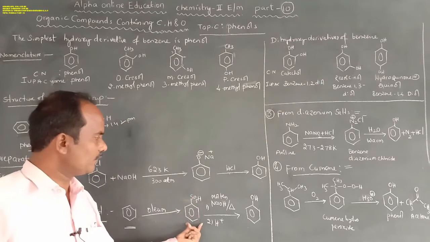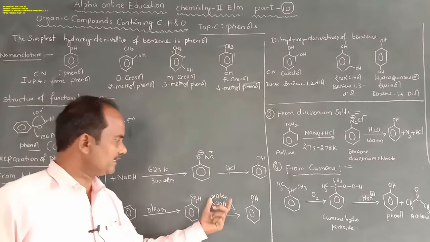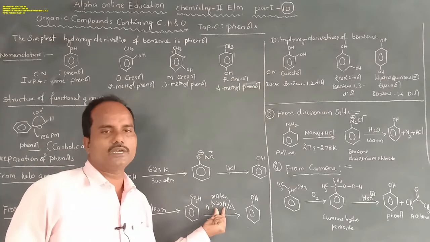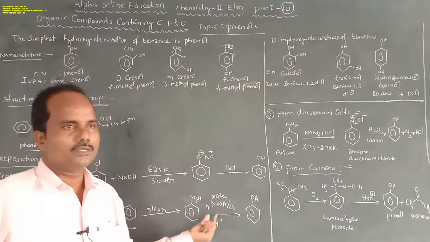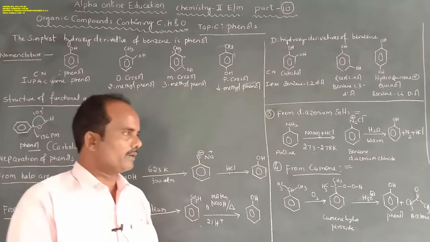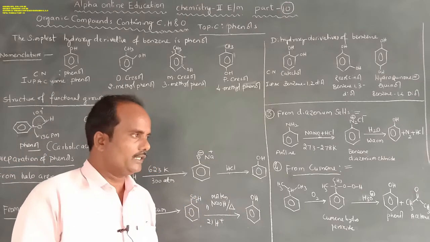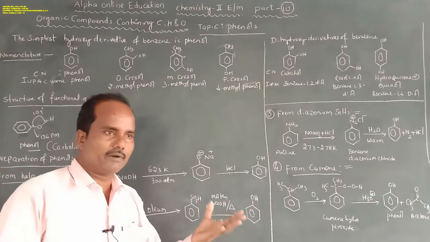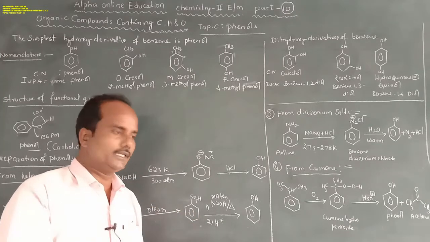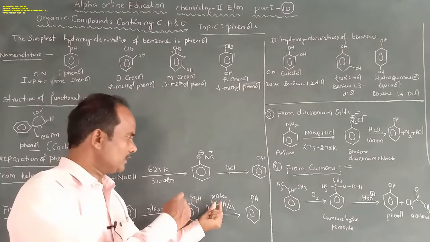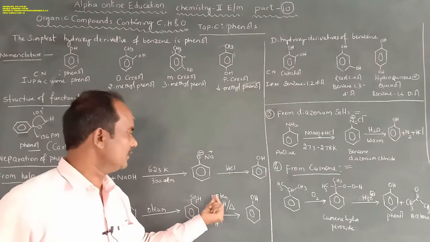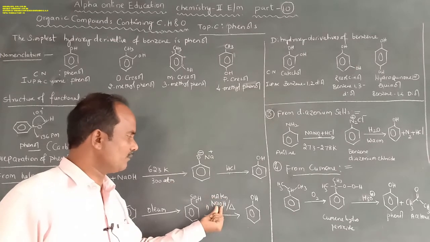This benzene sulfonic acid is treated with molten sodium hydroxide. Molten sodium hydroxide means the sodium hydroxide is not diluted with water. Sodium hydroxide is directly heated, and it is converted into liquefied sodium hydroxide, which is called molten sodium hydroxide.